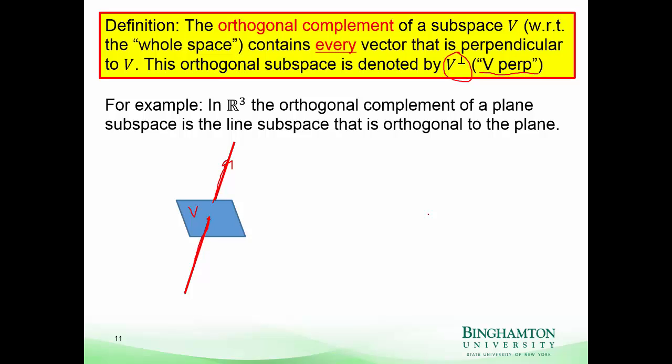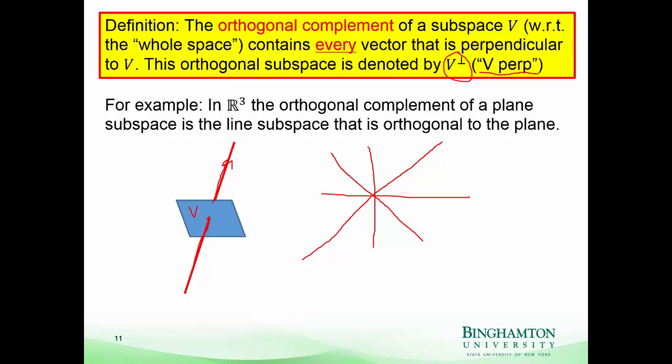So once you get an idea of how to think about this, you can visualize how it works. In R2, for example, if we had a line here, the orthogonal complement of that would be the line that is orthogonal to it. And all of those should go through the origin. The only reason they aren't in this diagram is because I can't draw well with my mouse. So we're starting to see something here.